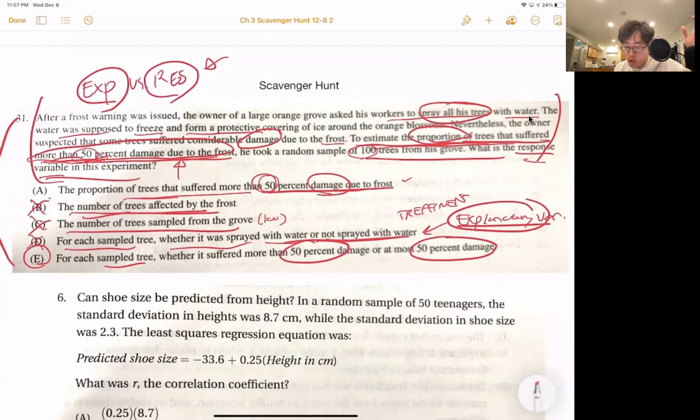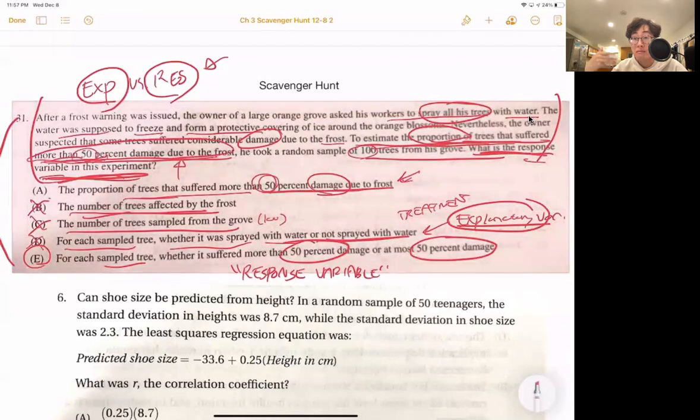But look at the question, what is the response variable? You're more focused on the response variable than actually running this test yourself. Yes, you're trying to measure the proportion of the trees that suffer more than 50% of the damage. So that is something that you're trying to measure.